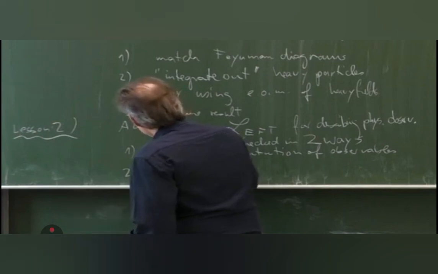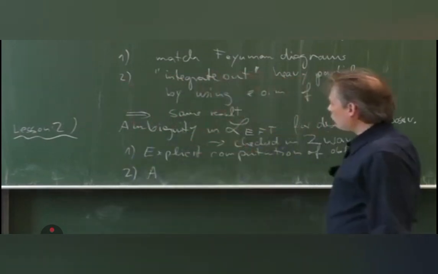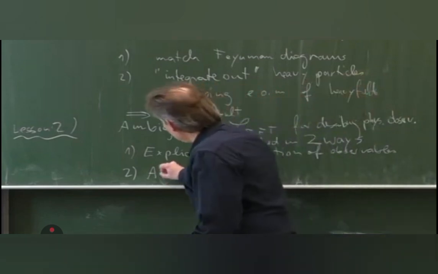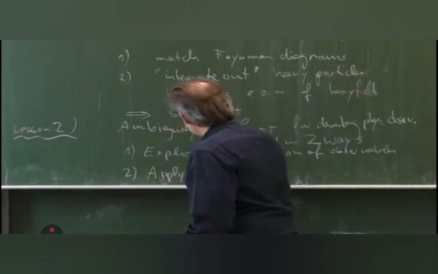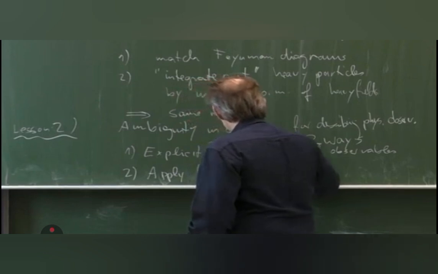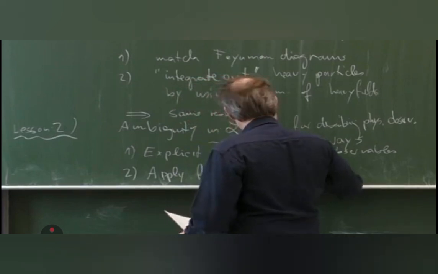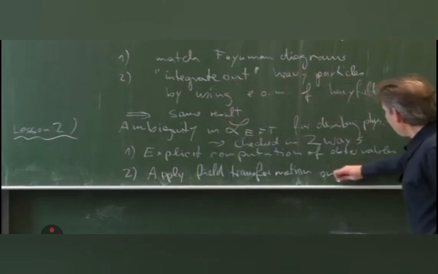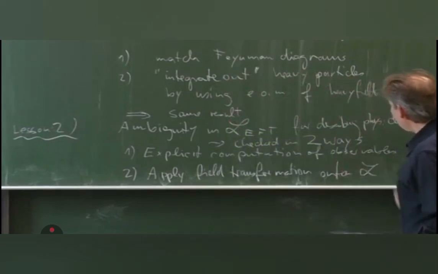The second way how to see this ambiguity is to apply field redefinitions or field transformations onto the Lagrangian.